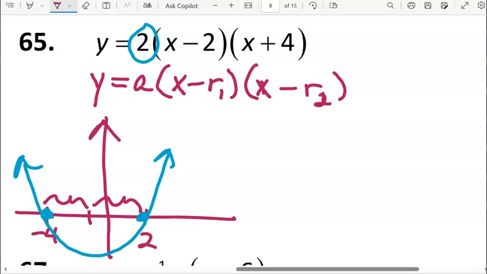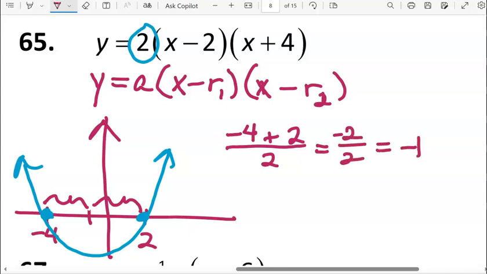Now, you can draw the graph and eyeball that number, but you can also find it by averaging the x values of the intercepts. We want the value that's halfway in between them, so we add them together and divide by 2. That gives us -2 divided by 2, which is -1.